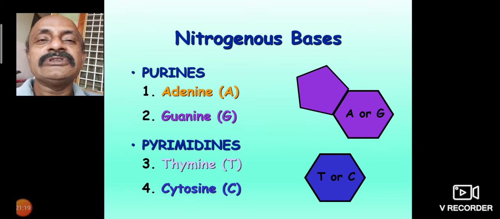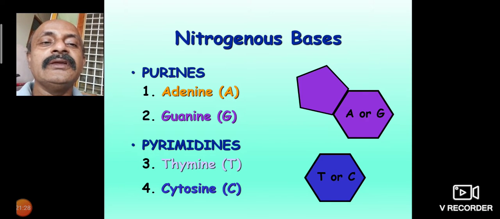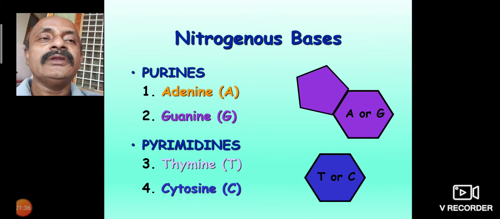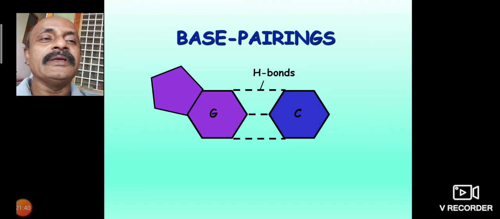Nitrogenous bases can be classified into two types, purines and pyrimidines. The purines are adenine and guanine, and the pyrimidines are thymine and cytosine. One purine bonds with one pyrimidine. This is an important part of the nitrogen bases, and these are base pairs.